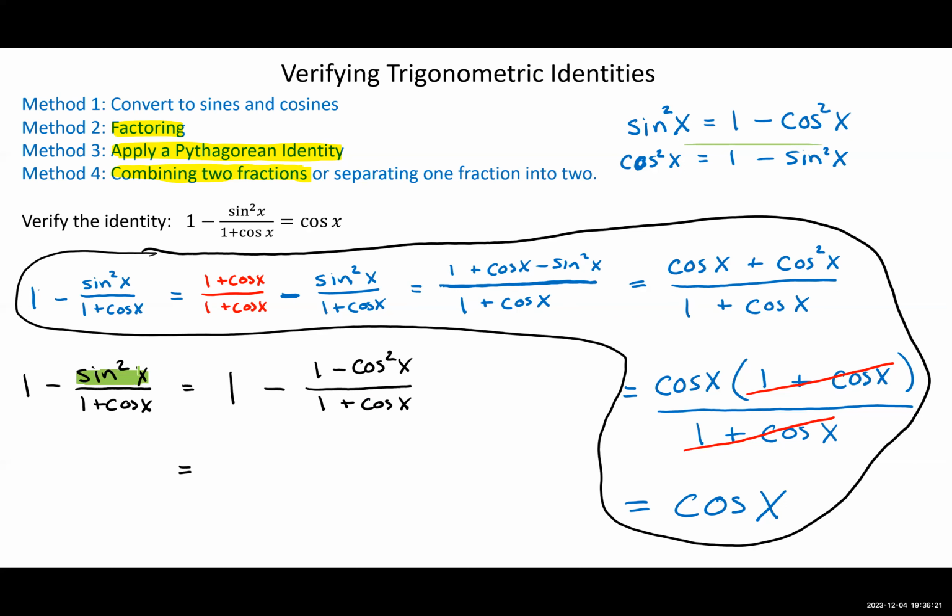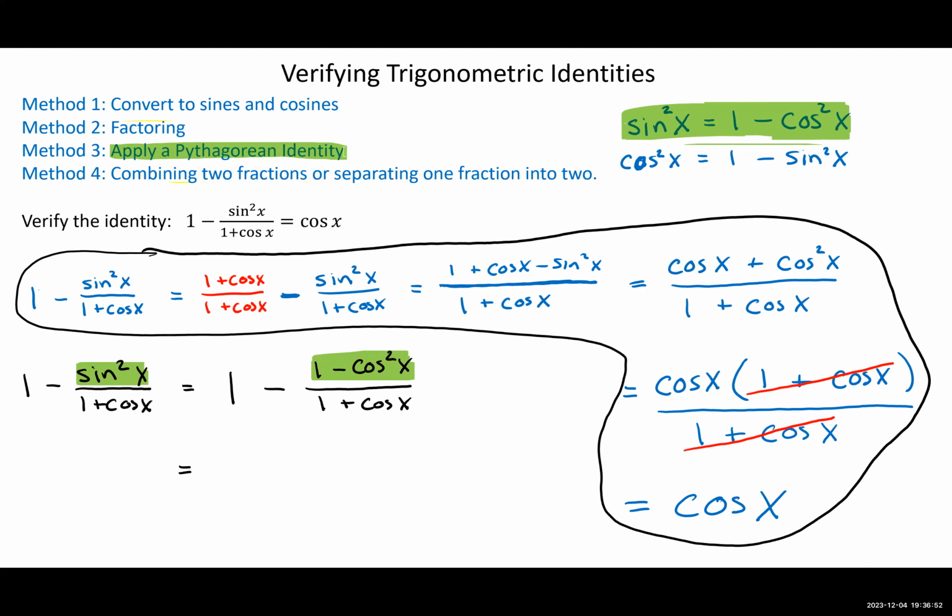Right, so we could take the sine squared of x, replace it with 1 minus cosine squared of x, because that is this version of the Pythagorean identity. So we could start this problem by doing this. A completely different approach. But I'll tell you right now, this will work. In another 3 or 4 steps, it'll get you to cosine of x.